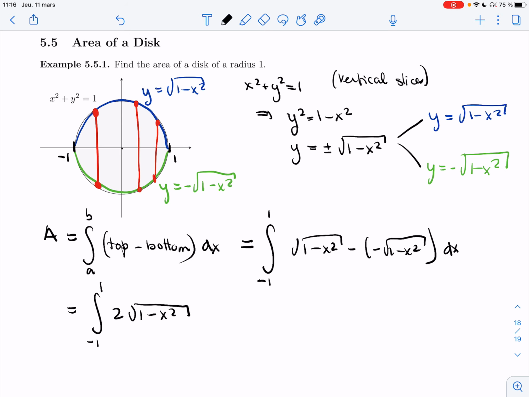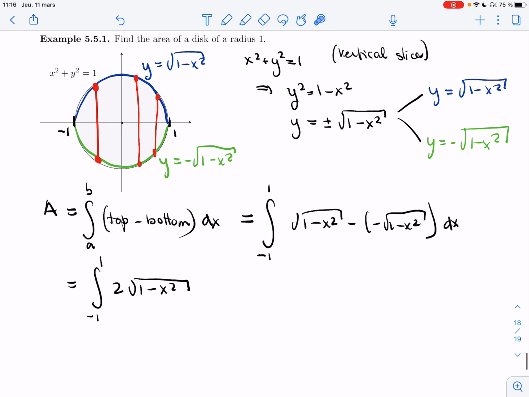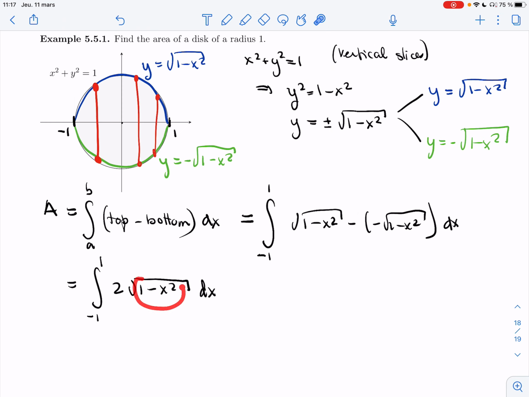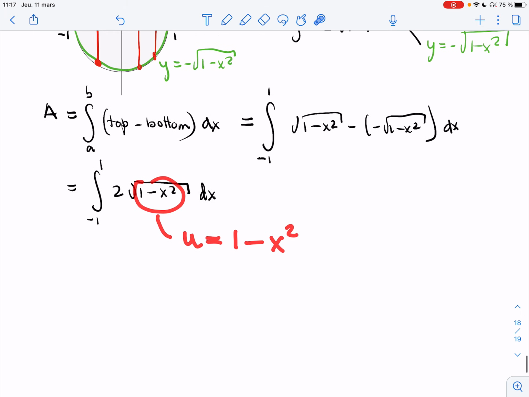Now we have to integrate 2 times root of 1 minus x squared dx. It's not an integral that we know how to do. The only thing I would try is to say, take this to be u, but then du will be 2x dx, and I don't have an x in front, and so the x would stay, and then it would be a mess.